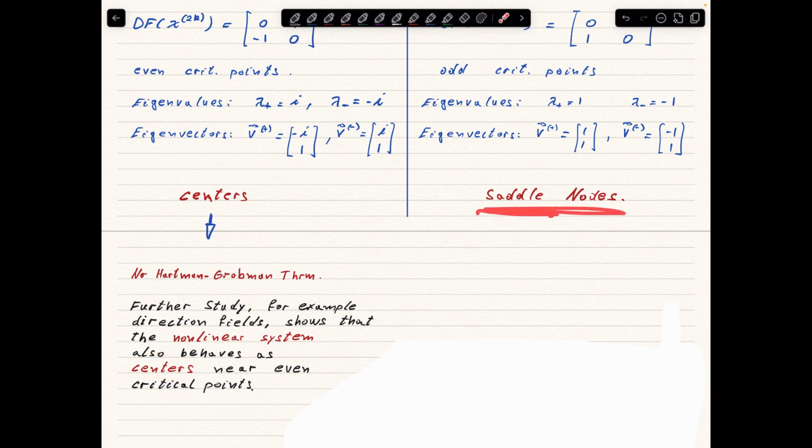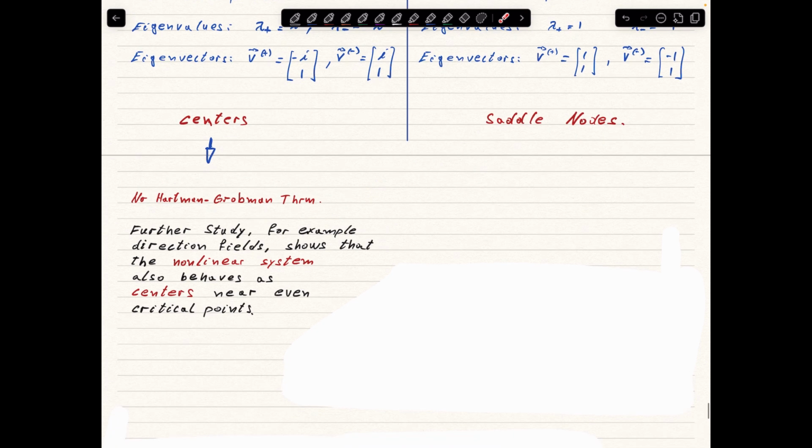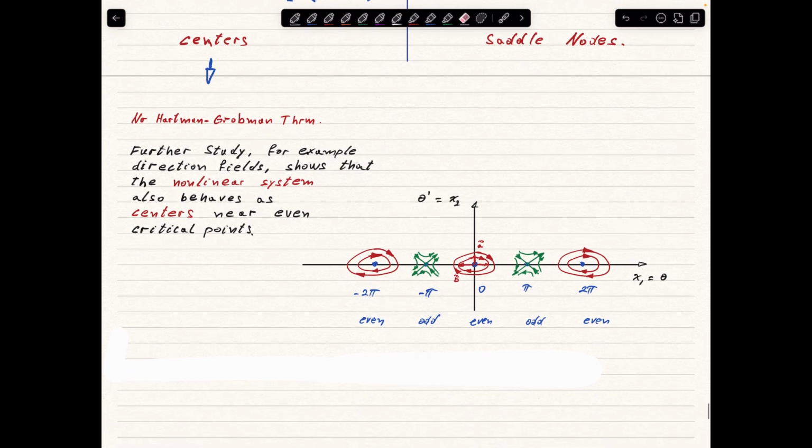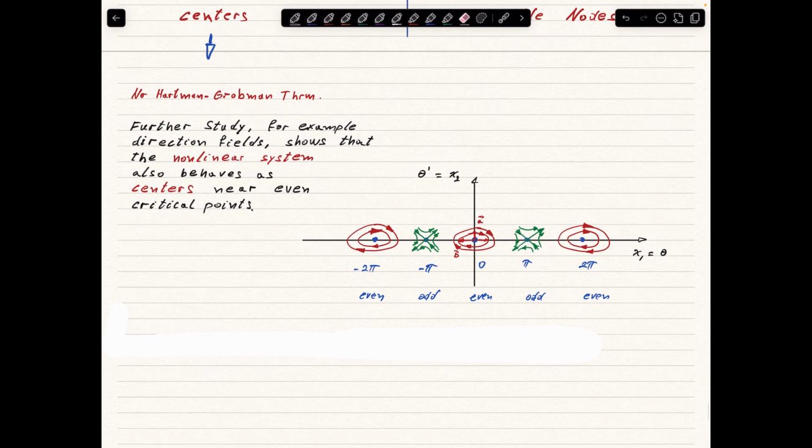And for the saddle nodes, the Hartman-Grobman theorem says the nonlinear system is going to behave like saddles. So with all that, we conclude that this is the behavior of the solutions of the nonlinear pendulum near the equilibrium solutions, the critical points, for even and odd critical points.